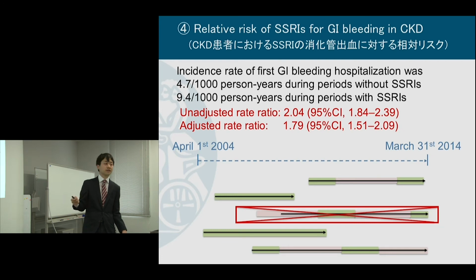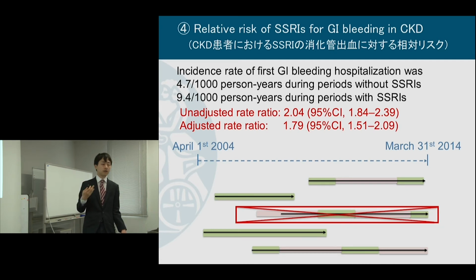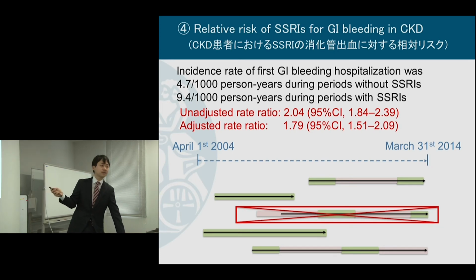And I also adjusted time-dependent confounding factors like NSAIDs use, or warfarin, or aspirin, or anti-acid drugs to protect the stomach. And this was 1.79. So I interpret this as during the period with SSRI, the relative risk of GI bleeding was 1.79.